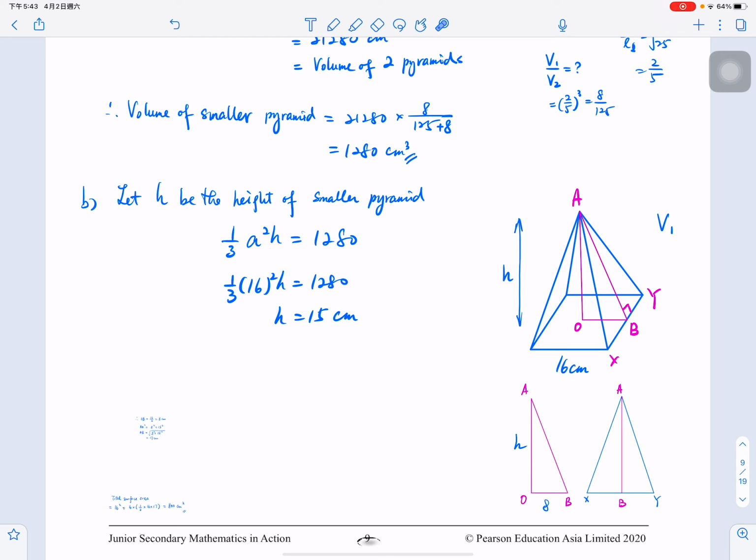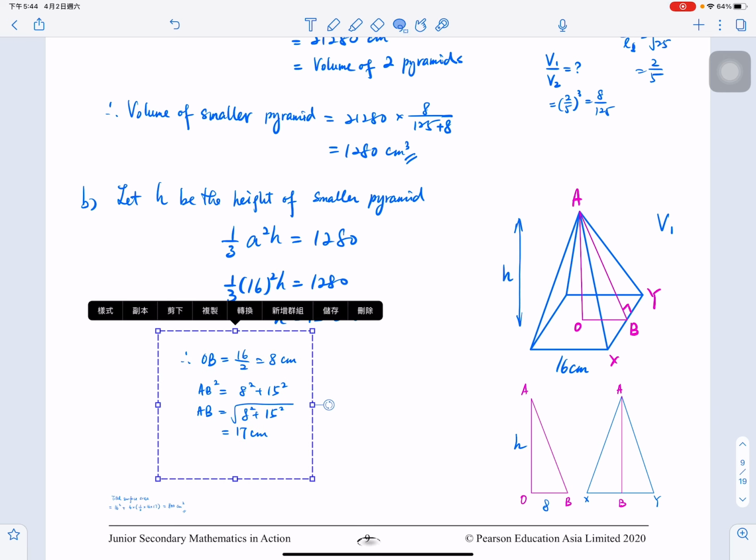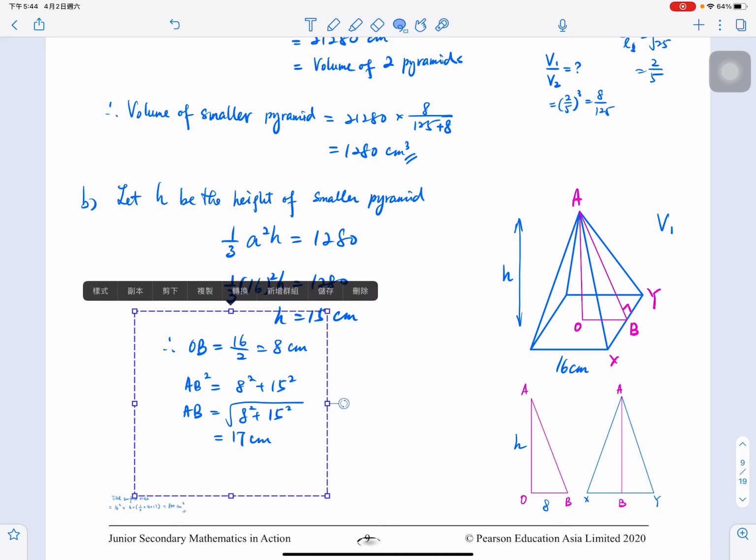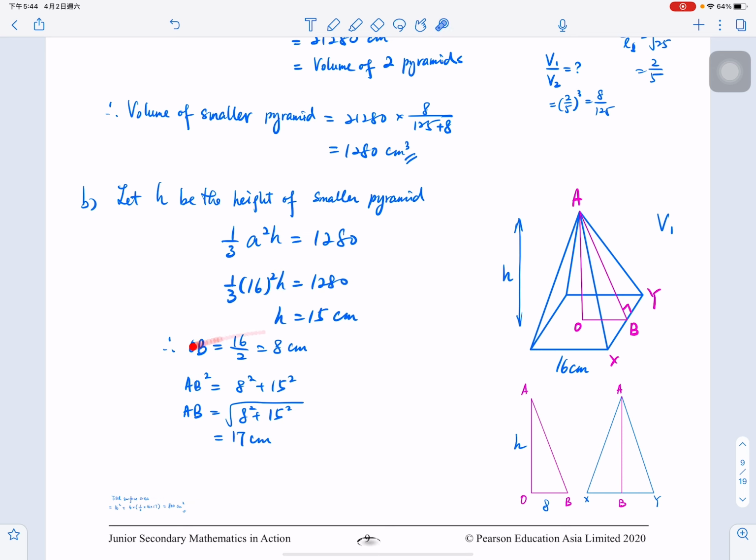So you see that H is 15, that's great. If we know this one is 8 and H, we can find AB, right? Not difficult now, because OB is half of the length, that means 8. AB will be the square root of 8 square plus 15 square, and then you will find that AB is 17.